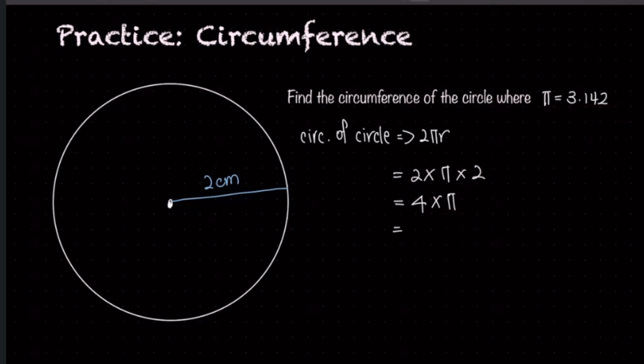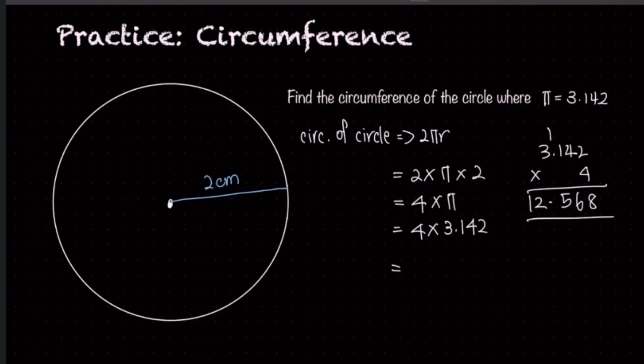So I'm going to rewrite it like this, 3.142. So now let's do our working. 3.142, and we multiply it by 4. So 2 times 4, 8, 16, 5, and 12. 12, 5, 6, 8 cm.